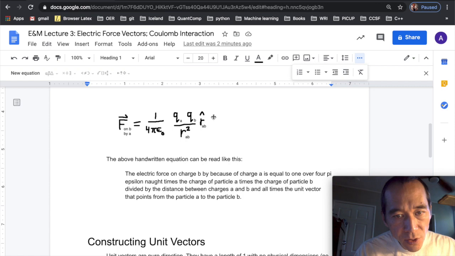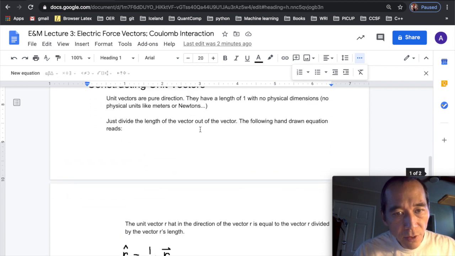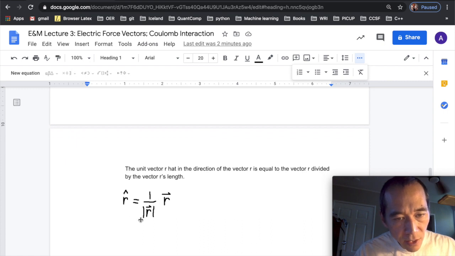The thing I'm circling with a little mouse pointer is the unit vector. There are some instructions on how to construct such a thing, and here it is. This is the thing you want to build, and the way that you build it is you take a vector and you divide it by its length. That's simply it, and that's the unit vector.